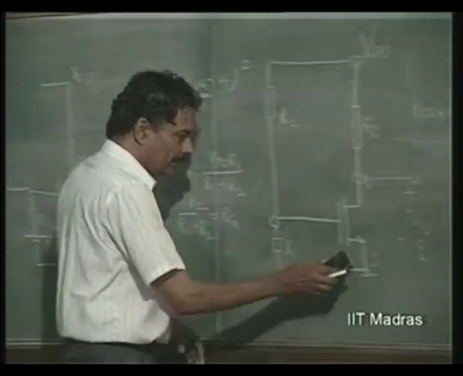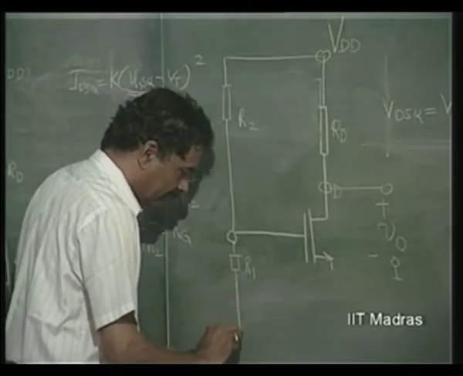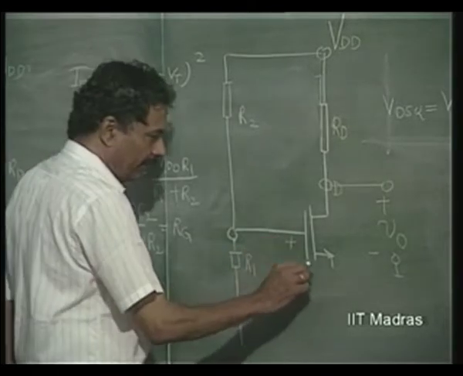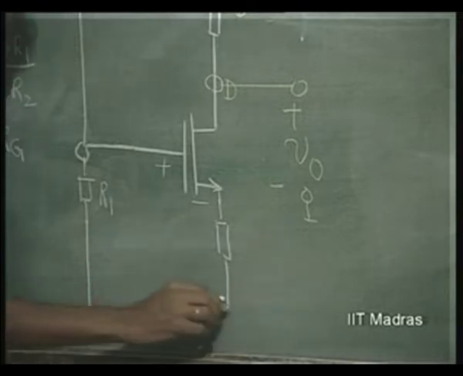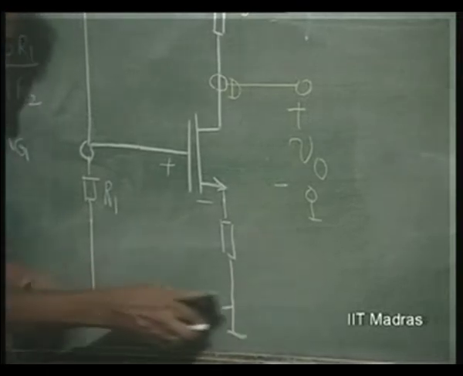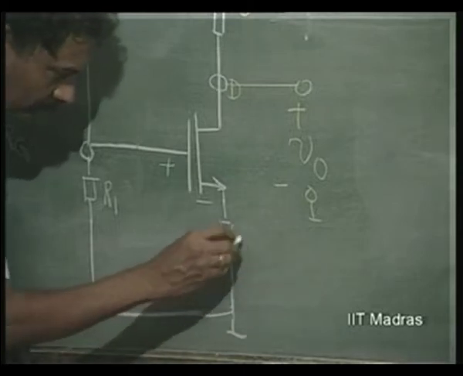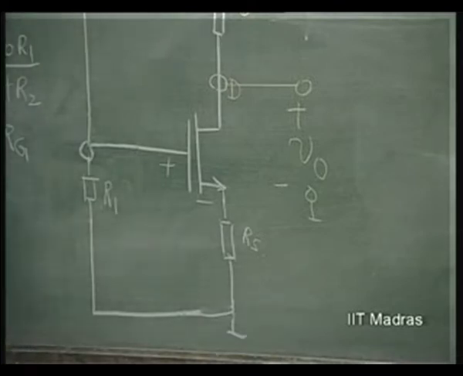It is necessary, therefore, that this voltage VG should be shared between the FET and RS. So, I am introducing a resistance RS here.